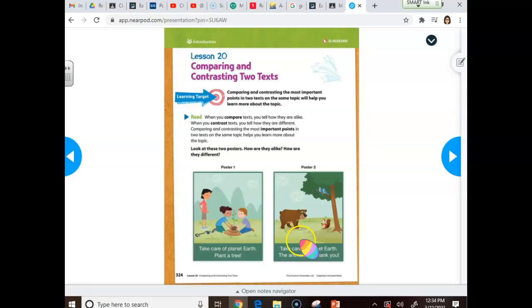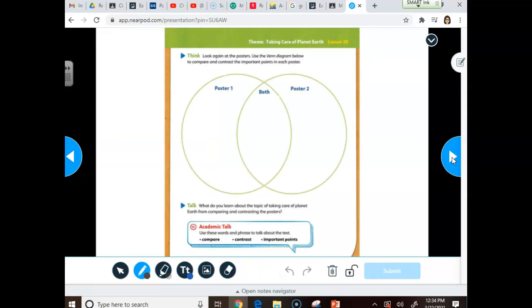All right, now, when we compare and contrast two things, including text, a lot of times we will use a diagram to help us. That diagram is called a Venn diagram. We've used them before this year. We're going to use one today. We're going to compare and contrast the two posters.